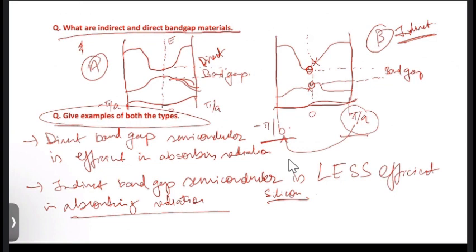It is indirect, but it is still used in the fabrication of solar cells. Why? We know it is absorbing less radiation, but then why are we using it?